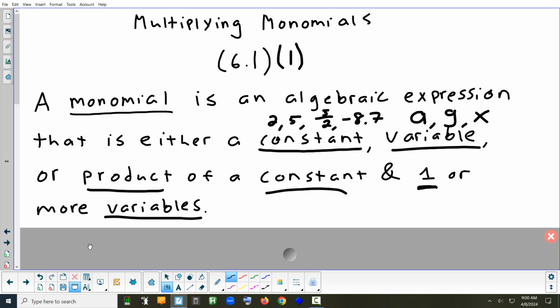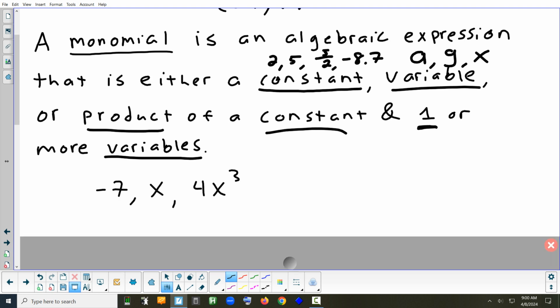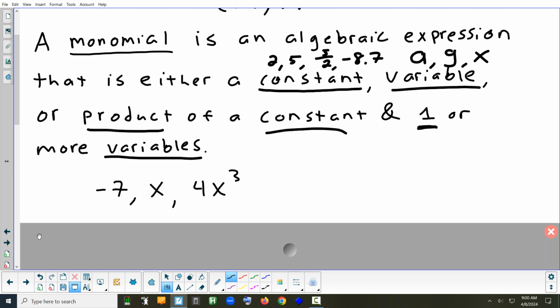Yeah, 5A, 3X, 2Y, anything like that. 4X cubed. Okay, that's definitely a monomial. These are all examples of monomials. So a monomial can have a number in it, it can have a letter in it, or it can have a number and a letter multiplied together.